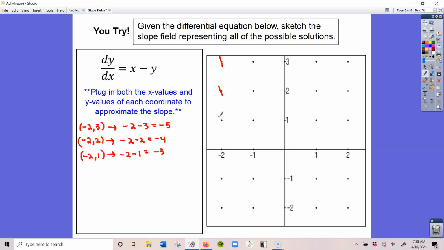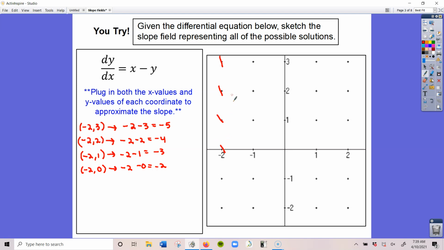So again, not as steep, but still pretty steep. If I plug in (-2, 0), we would get -2 minus 0, which is equal to -2.